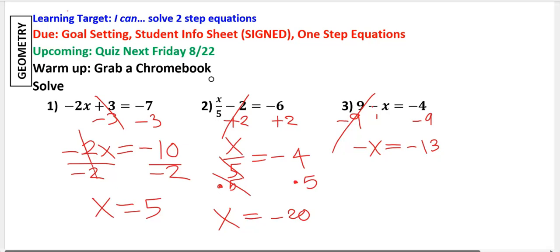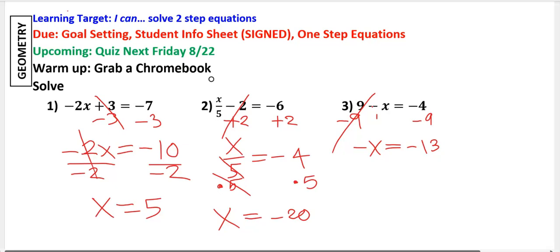Why is it not 13? It is because you're not multiplying. So only when you multiply or divide do the negatives cancel out. Right? 2 negatives make a positive only multiplying and dividing. But when it comes to adding and subtracting, it's kind of like you owe me $4 and then you owe me $9, so you still owe me $13. You know what I'm saying? You keep the sign when you're adding and subtracting.